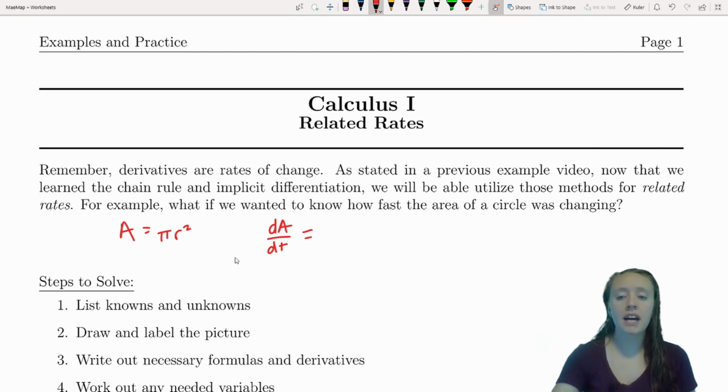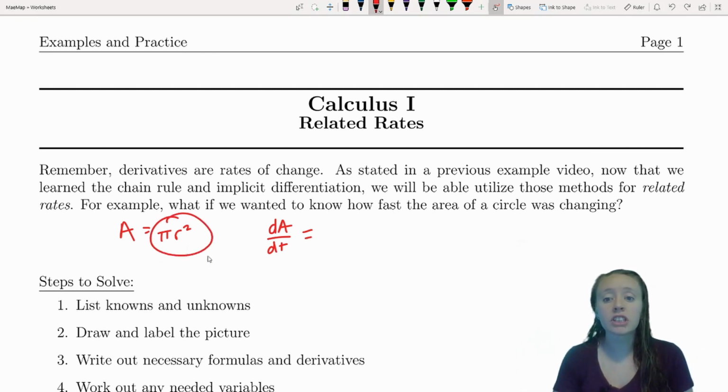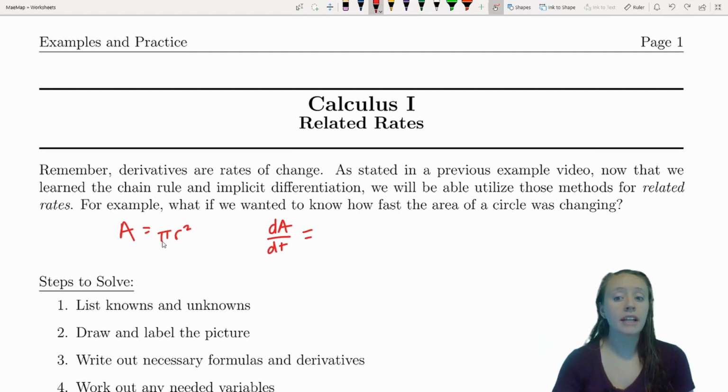But that's okay, because we can take that rate of change of area and also use the rate of change of our radius to help us find the rate of change we're looking for. So we're going to differentiate the right-hand side just as we would the left-hand side. Pi is just a constant, so constant multiple rule. Leave that out in front, and then we take the derivative of r squared.